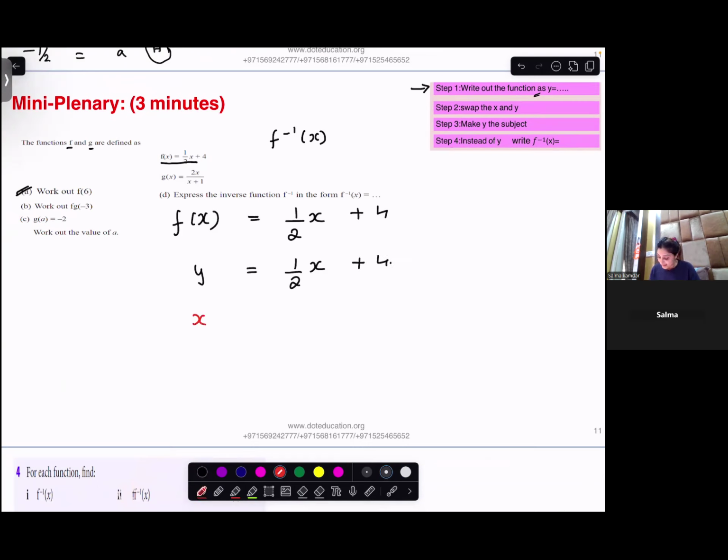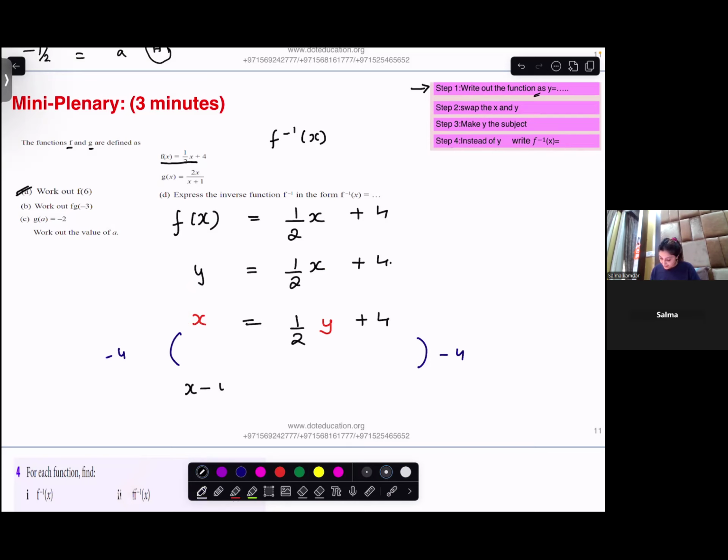Swap the x and y. So instead of y, I'm writing x. Instead of x, I'm writing y. So this is going to be x equals half y plus 4. Then make y the subject. If I'm making y the subject, I'm going to minus 4.